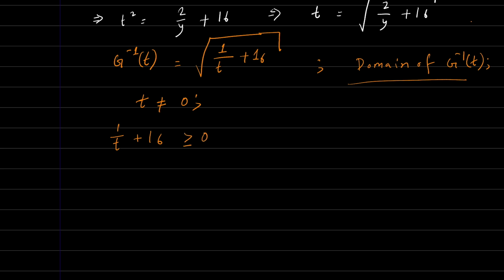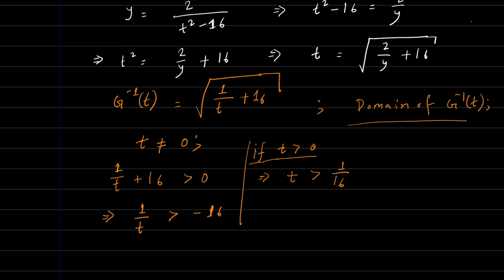But previously we saw that this term cannot be 0, so 2 over t plus 16 has to be positive. We have to solve this inequality. So 2 over t is greater than minus 16. If t is positive, then this should not change the sign. If we take the reciprocal, t would be 1 over 16.